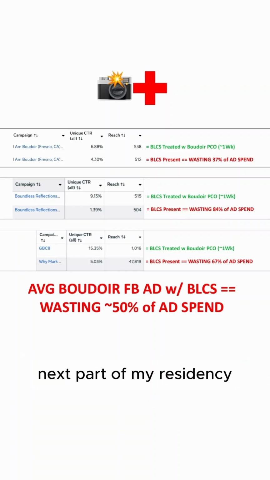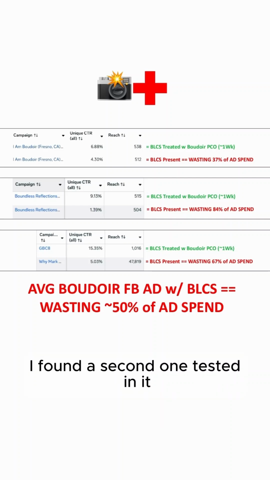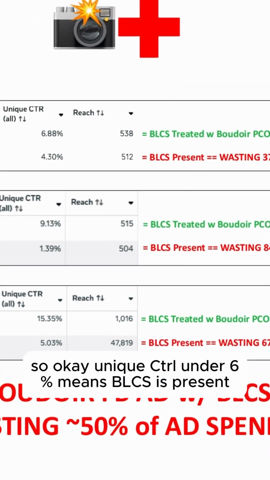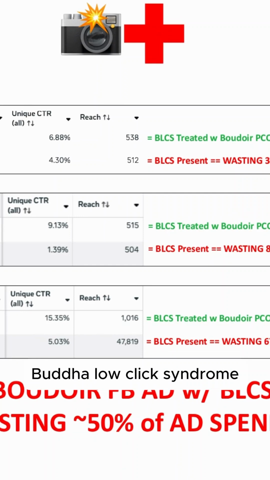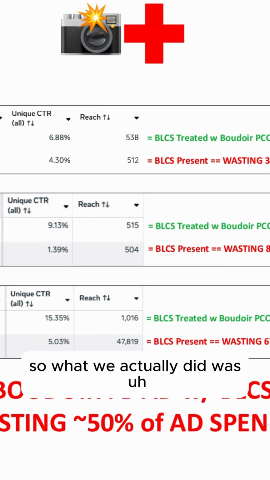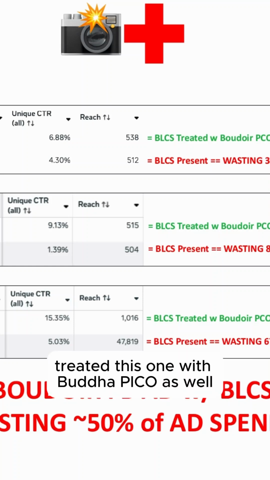Next, in my residency, I found a second one, tested it, and found its unique CTR all was 1.39%. So, unique CTR all under 6% means BLCS is present, Boudoir low click syndrome. So what we actually did was treat this one with Boudoir Pico as well.